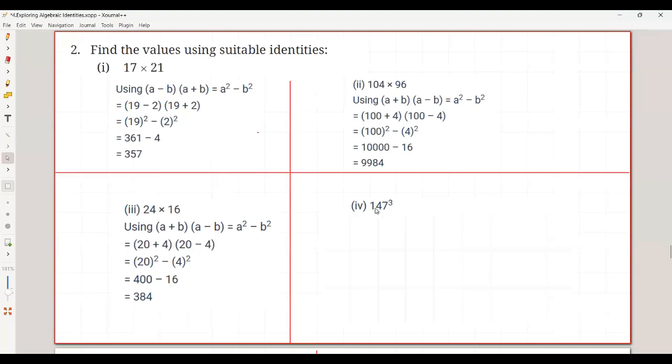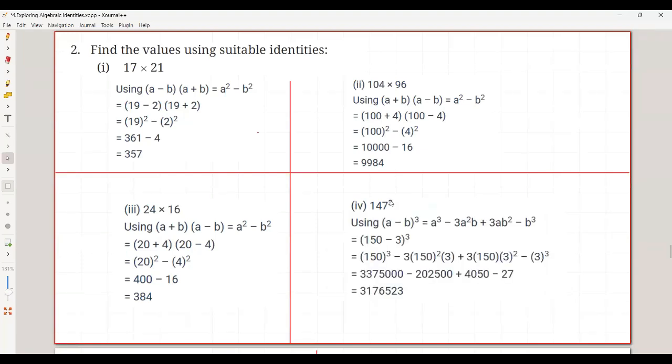Okay. Next, fourth question, 147 the whole cube. 147 the whole cube, I have written as 150 minus 3 the whole cube. Either you can write it as 140 plus 7 the whole cube also we can use. Anyway, we'll be getting the same answer. So 150 minus 3 the whole cube, that is a minus b the whole cube is equal to a cube minus 3a square b plus 3ab square minus b cube.